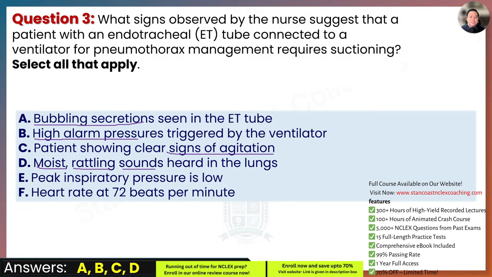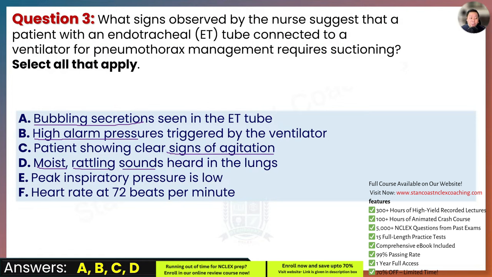Now, what about the other answers here? The peak inspiratory pressure is low. Why is this incorrect? Unlike high pressure, which signals blockage, when we are talking about high peak inspiratory pressure, it will signal a blockage.